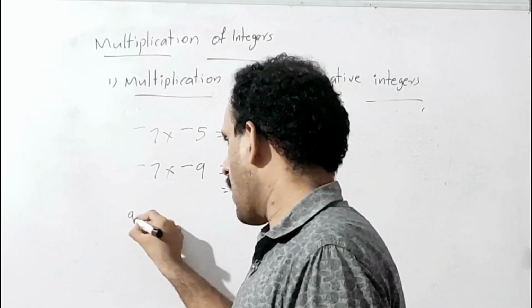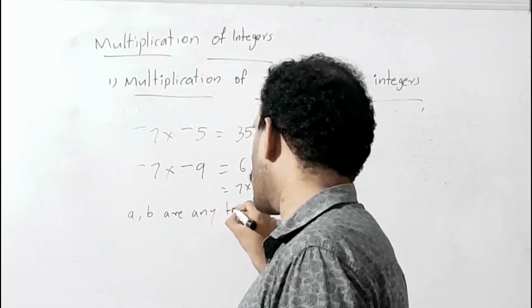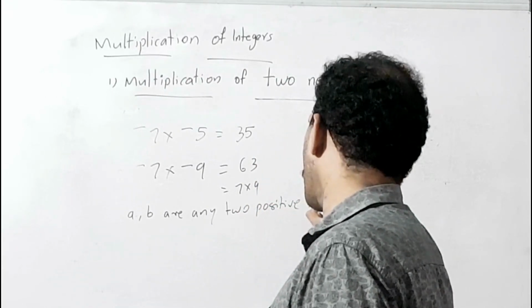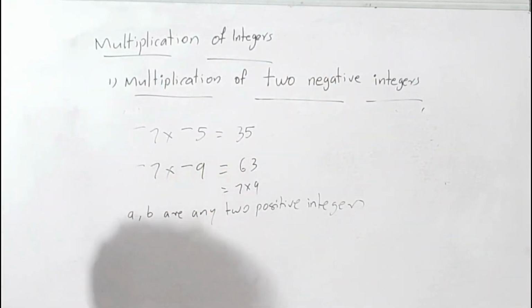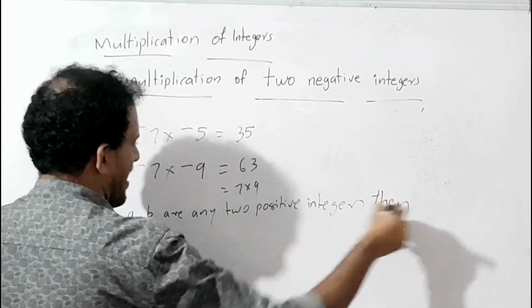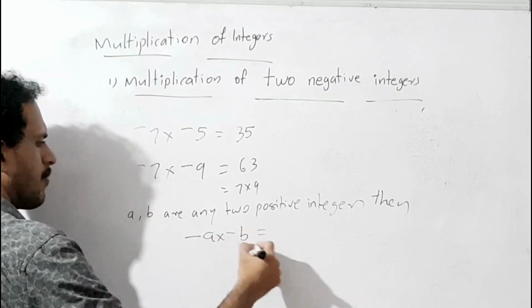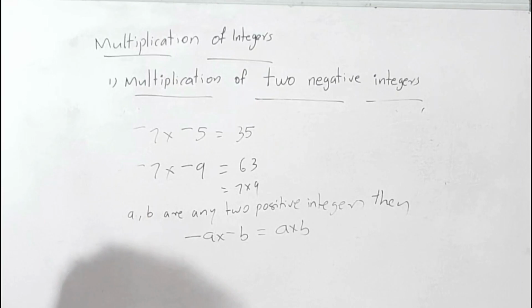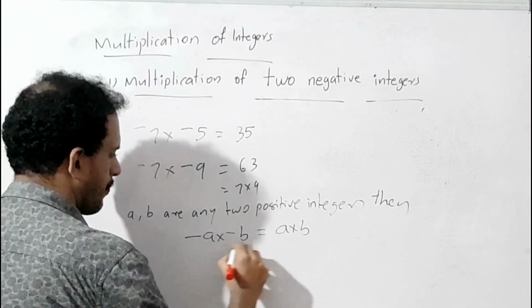If A, B are any two positive integers, then minus A into minus B is equal to A into B.